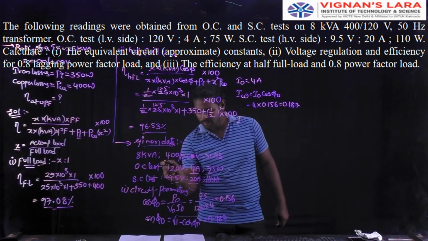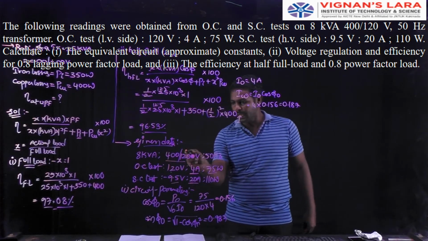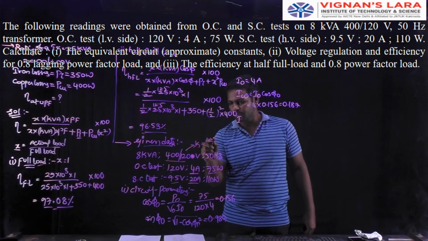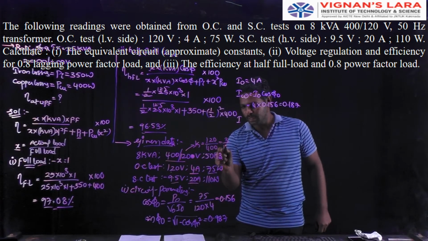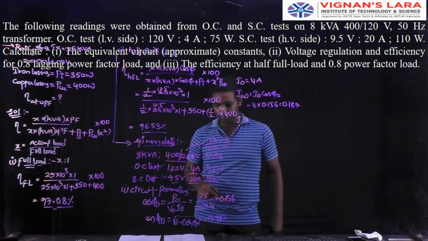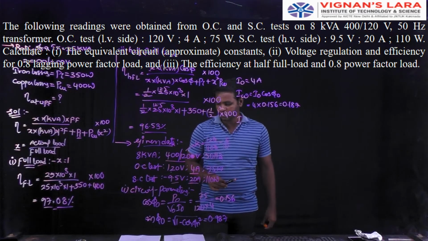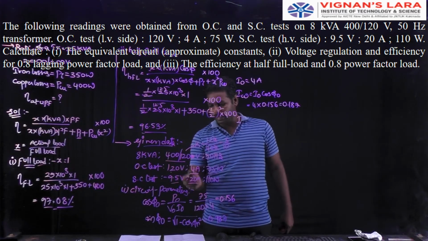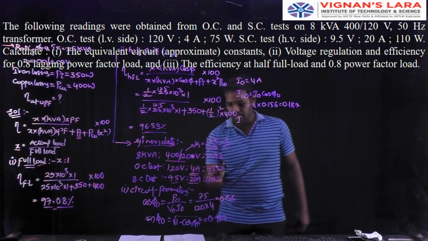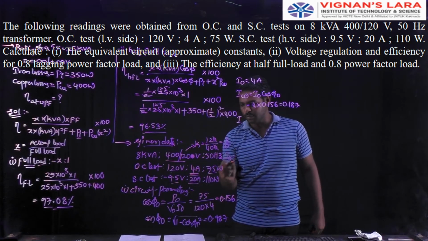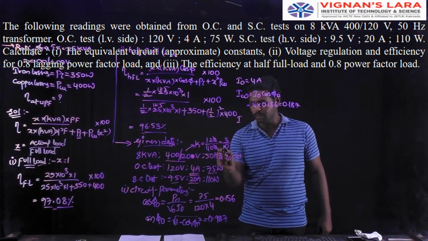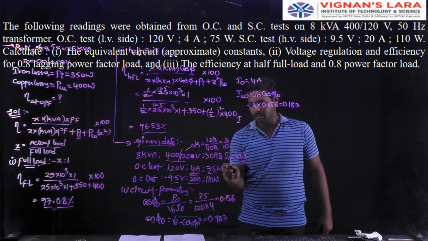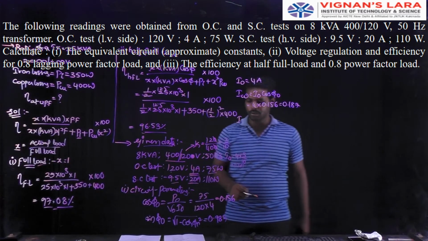From this circuit, K is equal to 120 divided by 400, which is 3 by 10. So the no load current is to be calculated: I naught is K into this current, that means 4 into 3 by 10 is equal to 1.2 amperes.